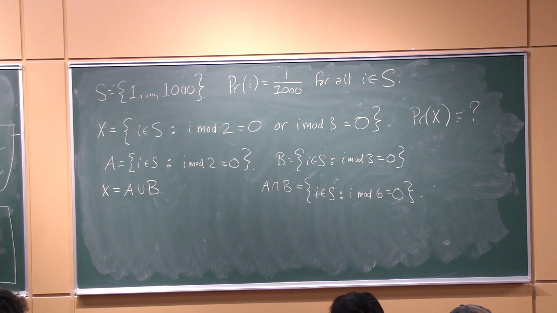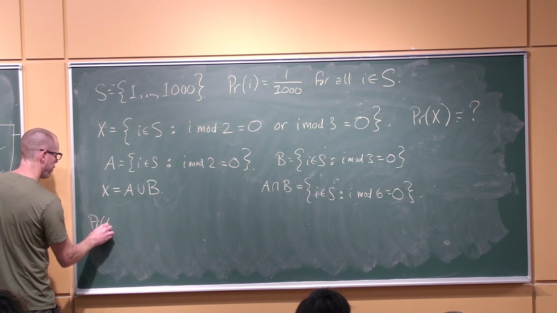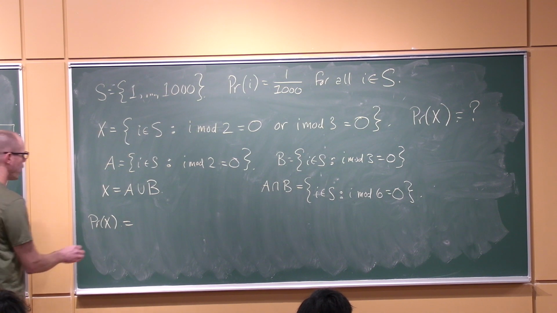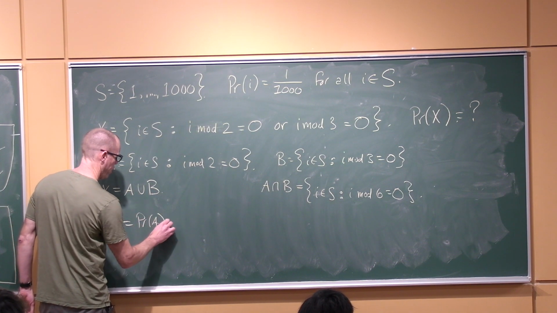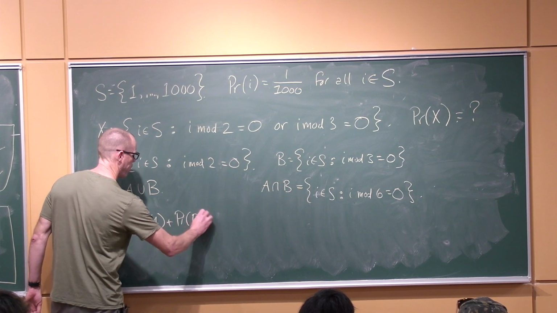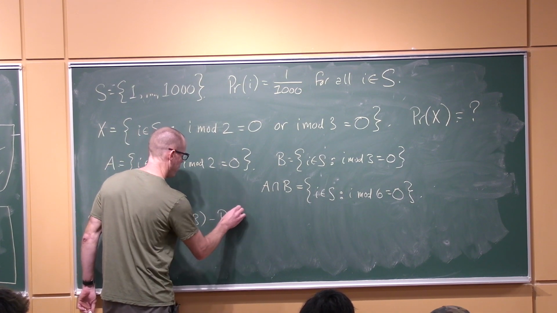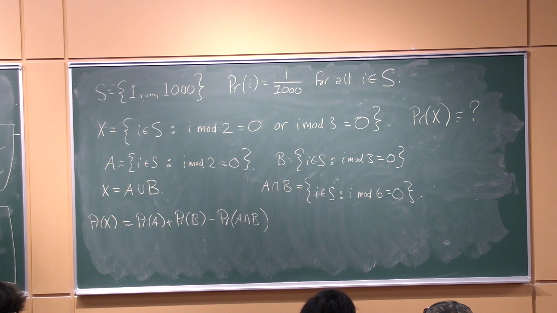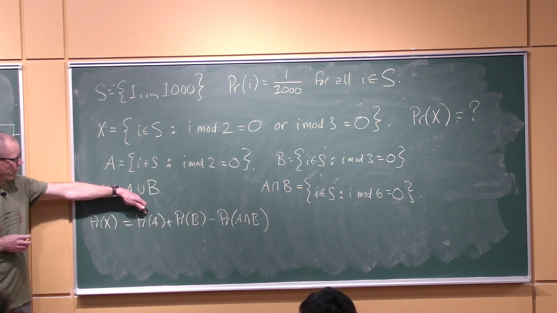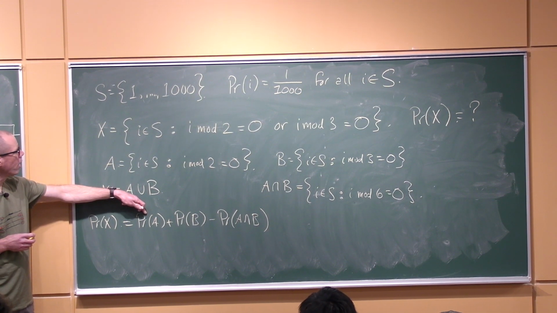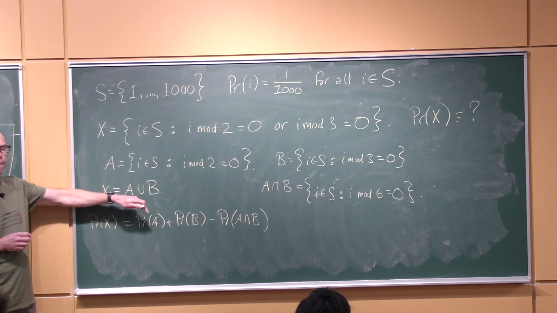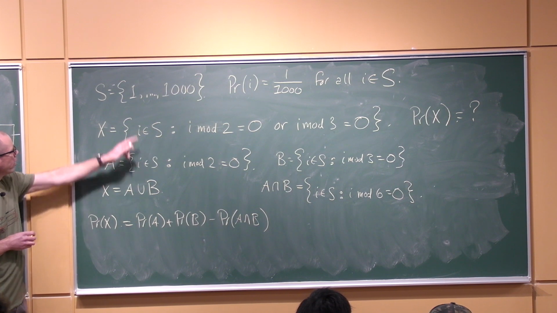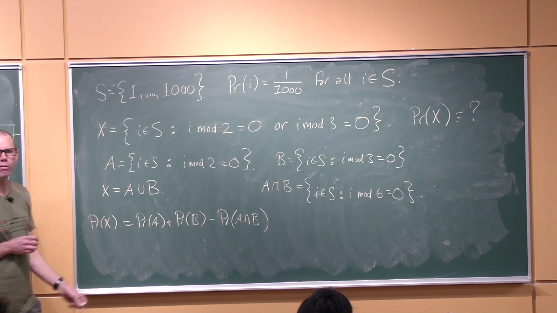Okay? So the probability of X, according to the principle of inclusion-exclusion, is the probability of A plus the probability of B minus the probability of A intersect B. What is the probability of A? Or how many integers are there in the range 1 through 1,000 that are even?